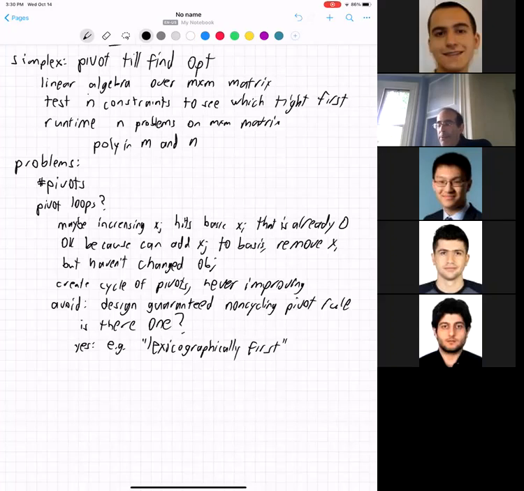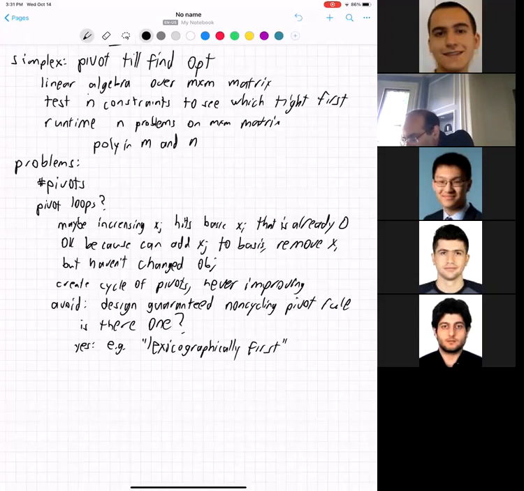And when you have an option of multiple basis vectors to bring into the basis, I think you put in the last one. So essentially, when you have more than one possible vertex to go to, or more than one possible basis, you always hunt for the lexicographically first basis. And you can show that that will never revisit, because you're guaranteed that you're always improving the lexicographic order of your basis. Okay, so these do exist, and you can prove that they work.